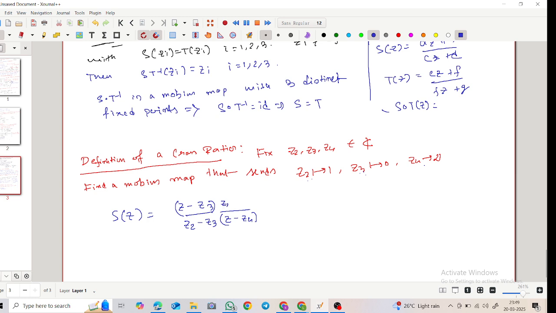Now you see, it's automatic. I have put Z2 in the previous expression, then just multiplied with the reciprocal. That's it.